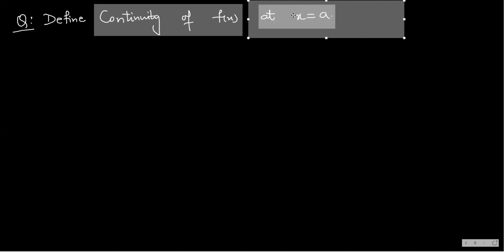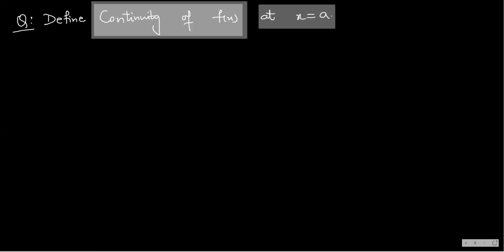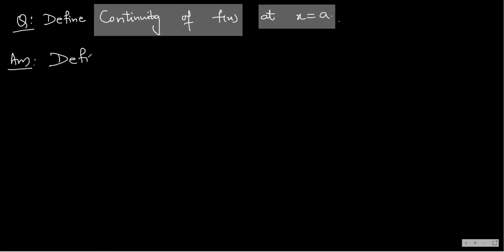That is what we want to check in this topic. Okay, so we have a question here, define. So I will write the definition of continuity of f of x at x equals to a.